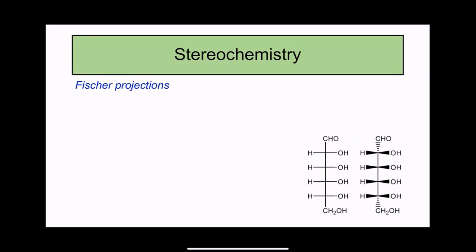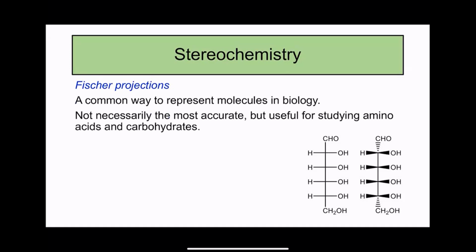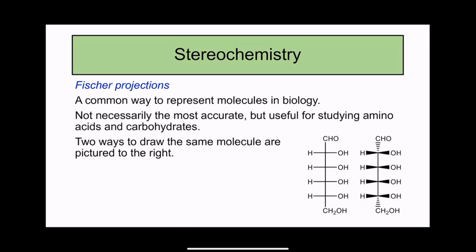Cool. And then also just remember that we have Fischer projections. So these are a very common way of showing molecules in bio. We're going to see them a lot with amino acids as well as carbohydrates later on in this PowerPoint. And then remember that when you're representing Fischer projections, they show you where the molecules are oriented in 3D space.